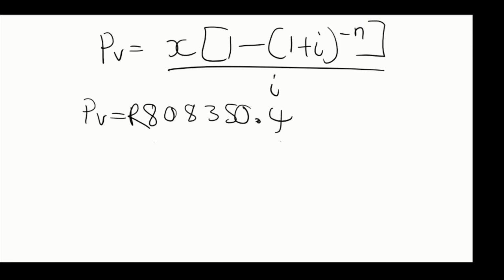Kevin invested this amount of money for his studies, but we need to remember that he just made a withdrawal of 95,000 Rand. So it changes the PV value.